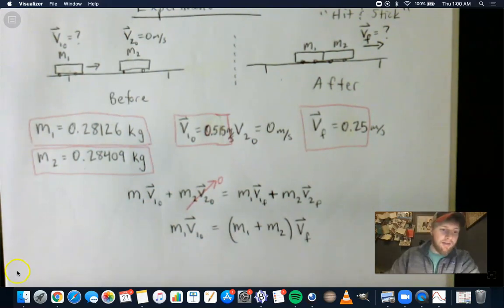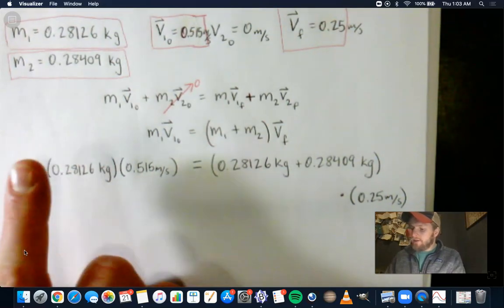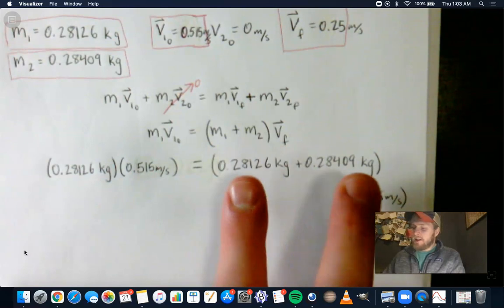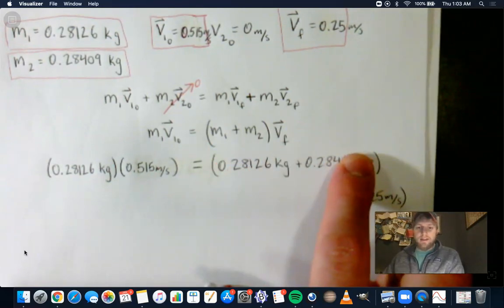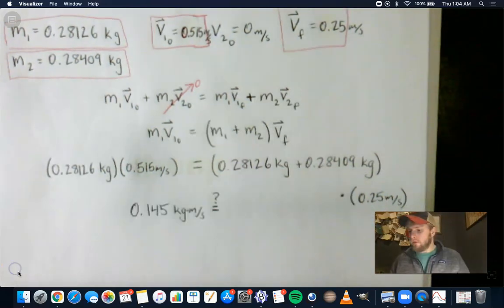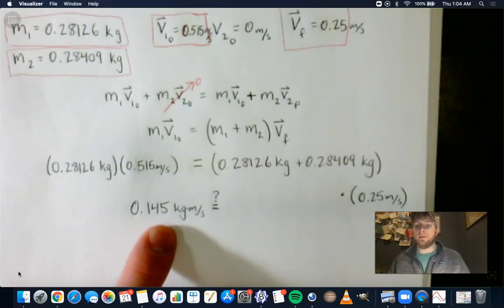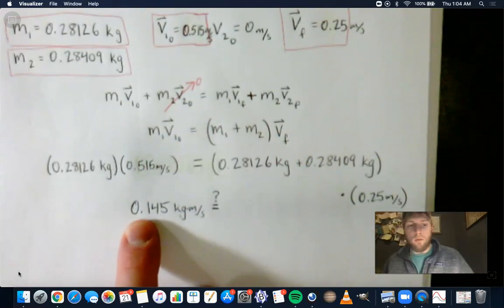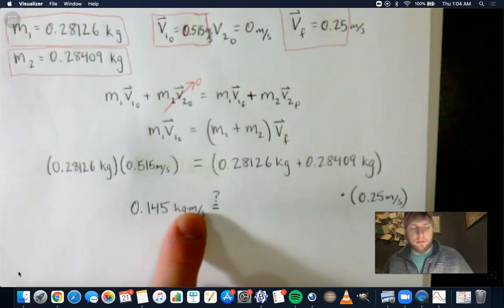So now let's plug in the values and see if the momentum before the collision is equal to the momentum after. I've plugged in my values for mass, initial velocity of the first cart. Their mutual masses are added together times their final velocity. So the left-hand side, I calculated a total initial momentum, which should be the total momentum throughout the entire process, is 0.145 kilograms meters per second.